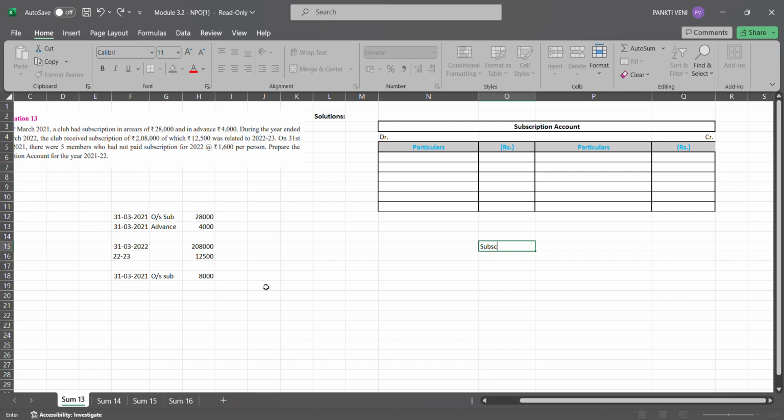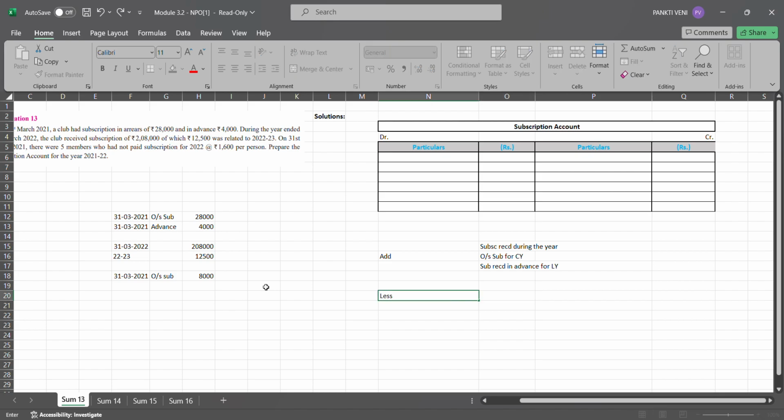See, take the subscription received during the year. Then add outstanding subscription for the current year. Then add subscription received in advance for the current year.